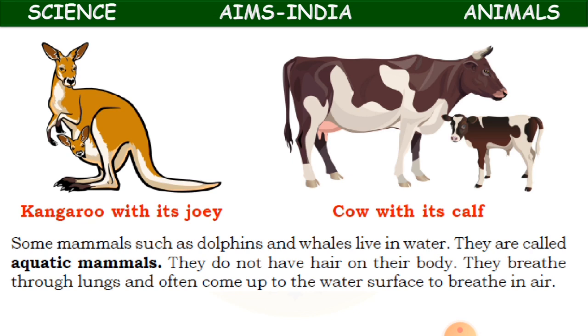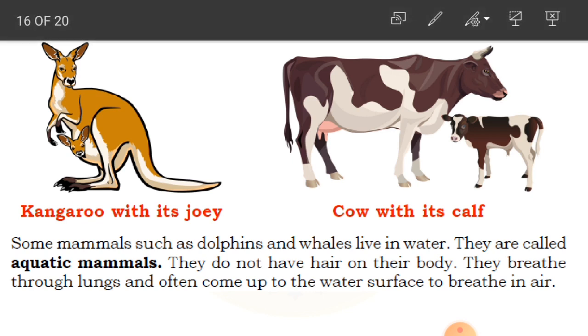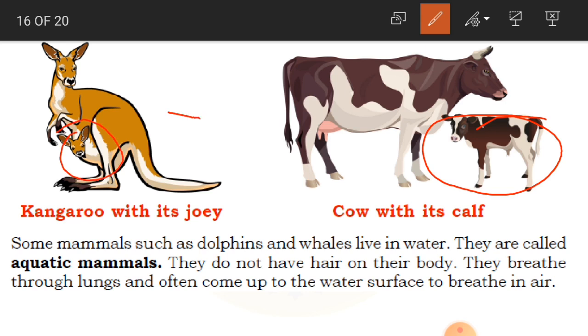Now this is a picture of a kangaroo and a cow with its young ones. See how the kangaroo is holding its baby, that is a joey, and how the cow is holding its baby, that is its calf. These animals give birth to the young ones directly. Some mammals such as dolphins and whales live in water.